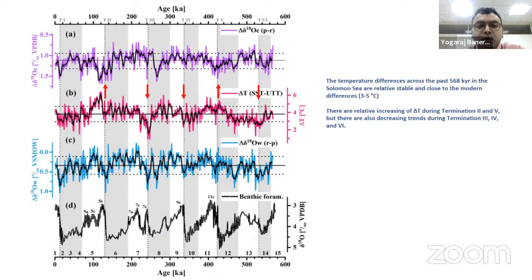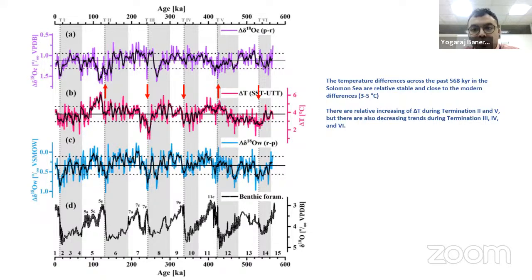So what we can see is that there are sudden time intervals when there is a rapid shift in terms of delta T, as shown by the red arrows, and then there are certain time intervals with a rapid drawdown in terms of the temperature.